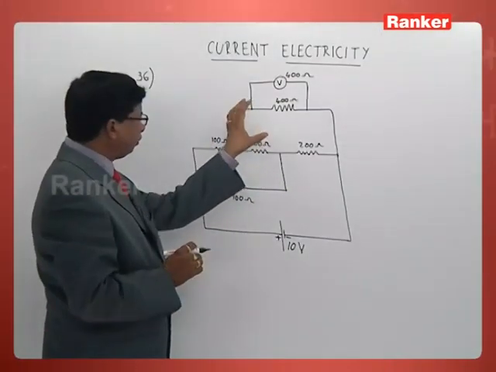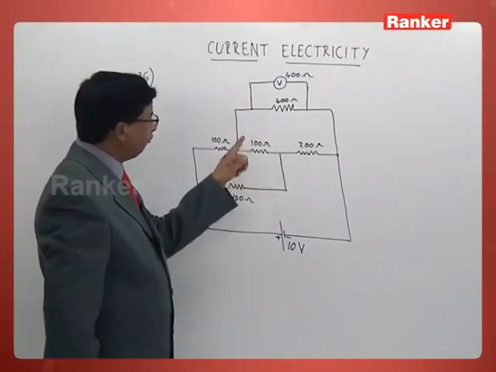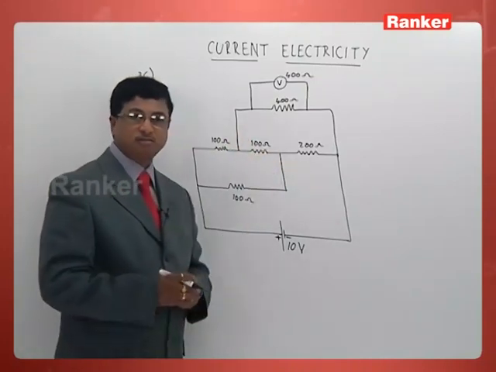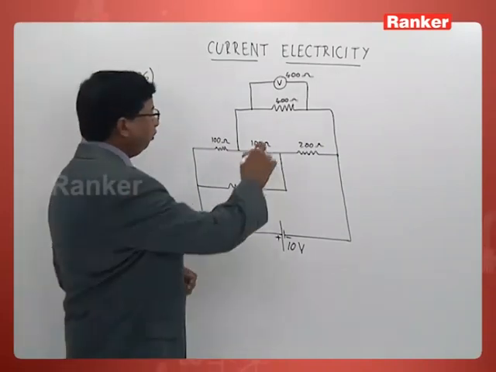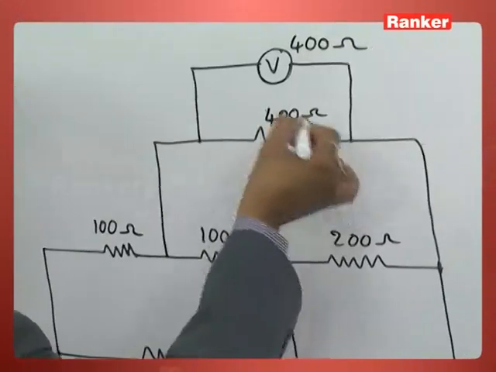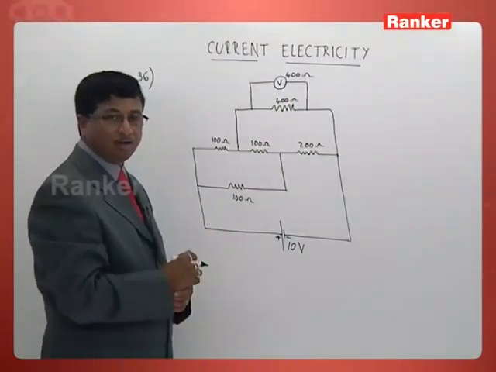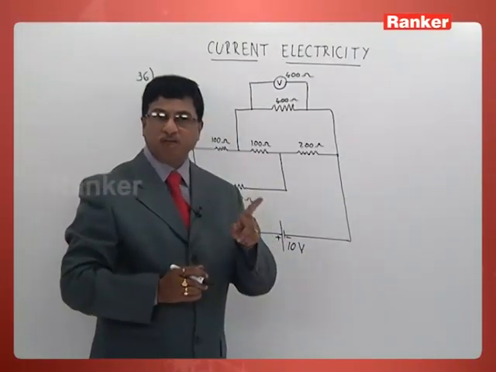If you just look at this circuit a little carefully, you can find a Wheatstone bridge in that circuit. Where is it? Consider the voltmeter of 400 ohm connected across another resistance of 400 ohm in parallel. In fact, we all know the voltmeter will always be connected in parallel.